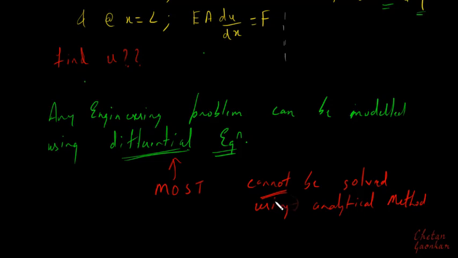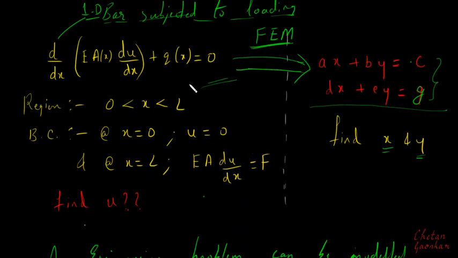So the only way by which we can solve these differential equations is to convert them into a set of linear algebraic equations by using some technique, and then solve them and find the result.